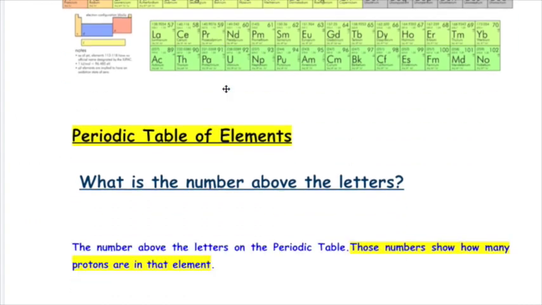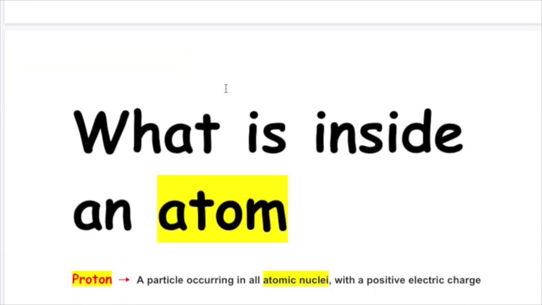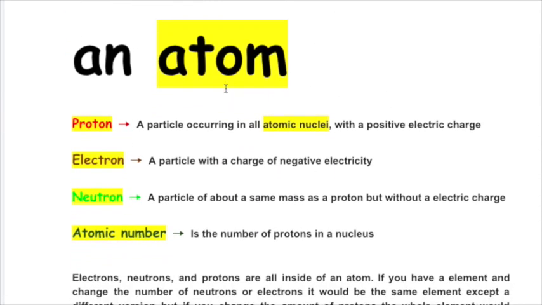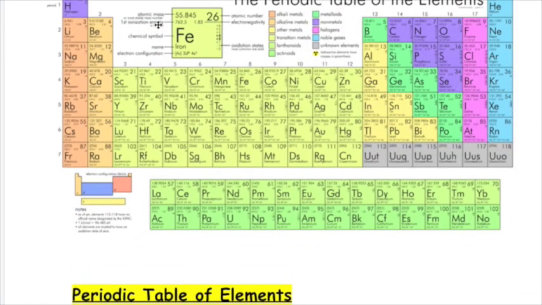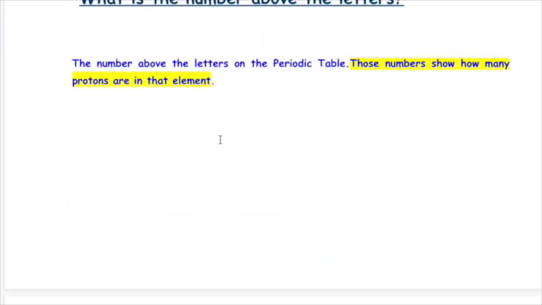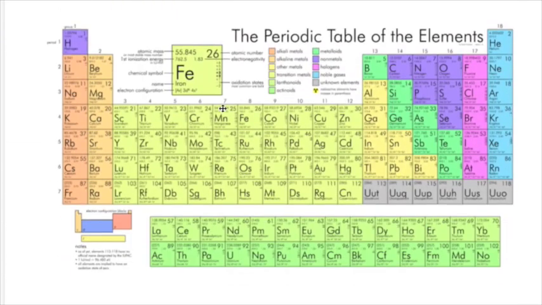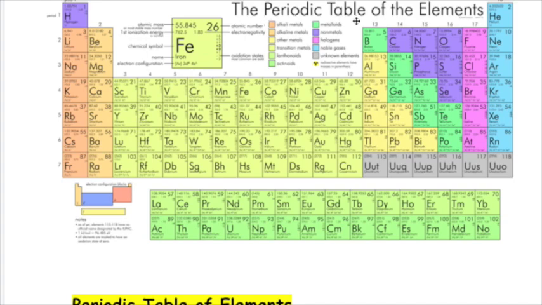So now, zooming out, we're gonna go into what's inside an atom. An atom is basically like Fe, or let me just say iron, since it's actually iron, it's not Fe. So an atom is one of these elements on the periodic table.